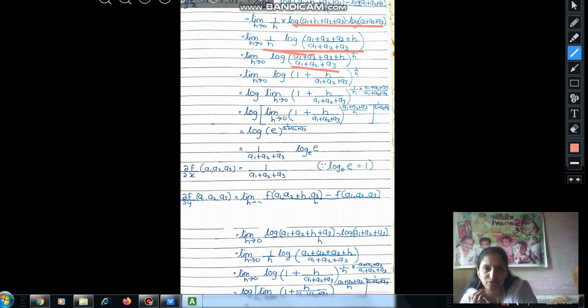Here we have 1 plus x raised to 1 by x, and we have taken the reciprocal, 1 upon (a1 plus a2 plus a3), multiplying and dividing here. Okay. So in this way, limit of (1 plus x) raised to 1 by x, the answer of this term is e raised to x. So this bracket is e and the power is 1 upon (a1 plus a2 plus a3), and log.